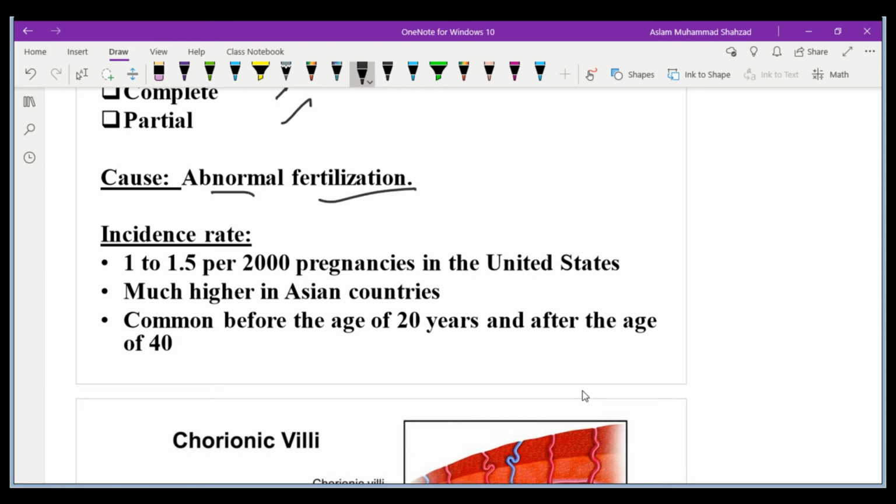In the United States it occurs in 1 to 1.5 per 2000 pregnancies, much higher in Asian countries, and it is common below the age of 20 or after the age of 40. Below 20 or after 40 years, the disease is very dangerous.